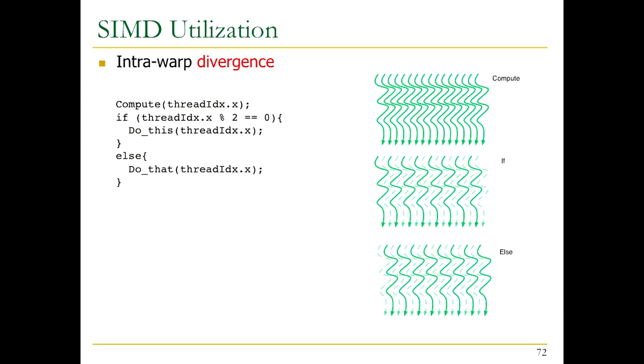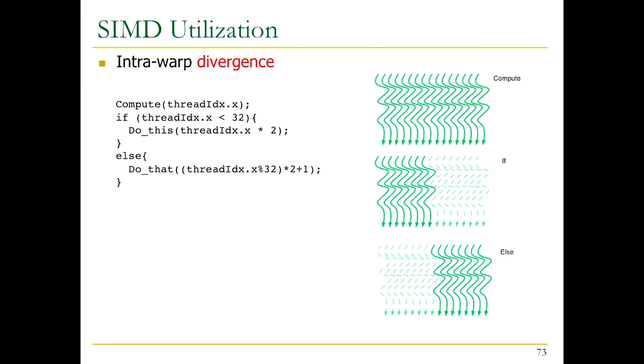You remember from the previous part of the lecture that we might have if-else statement, and some threads of the warp might follow one path and other threads follow a different path. You know that already this relies on the use of a mask or predicated instructions, right? Well, this is a divergent execution. However, we could try at least to change our code to do something like this.